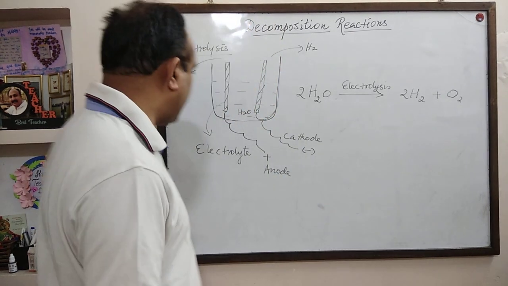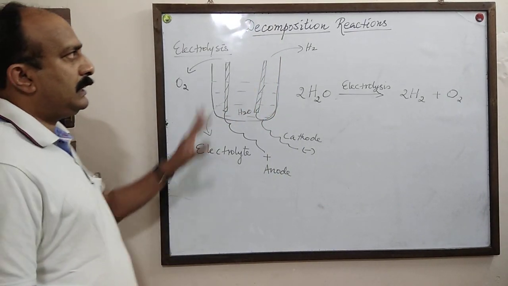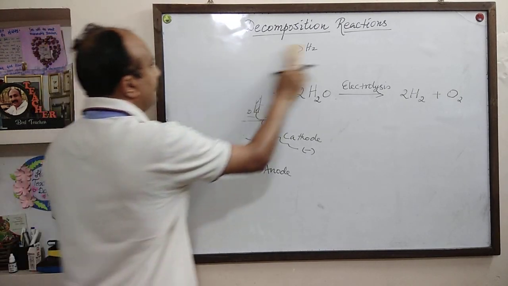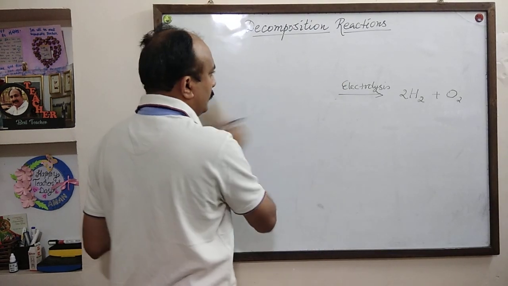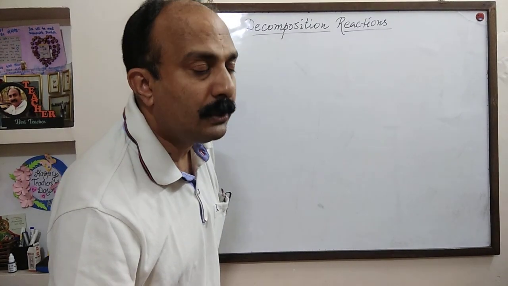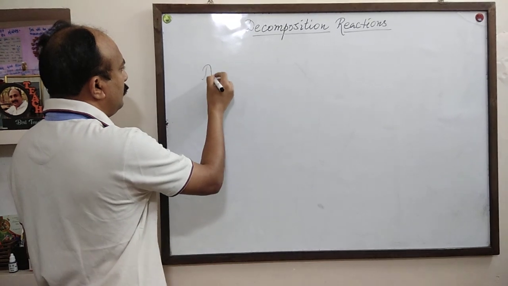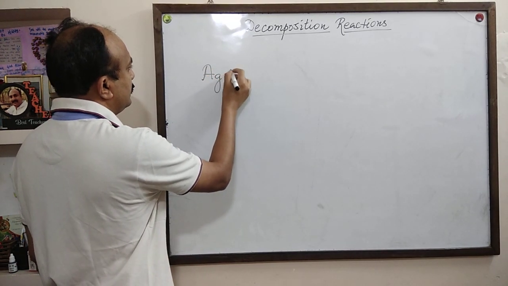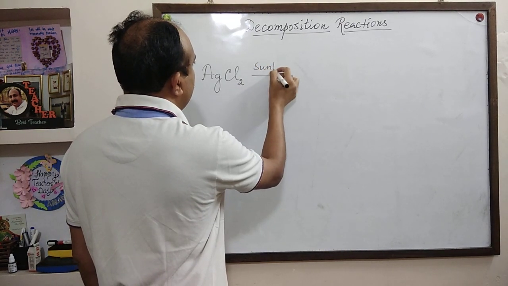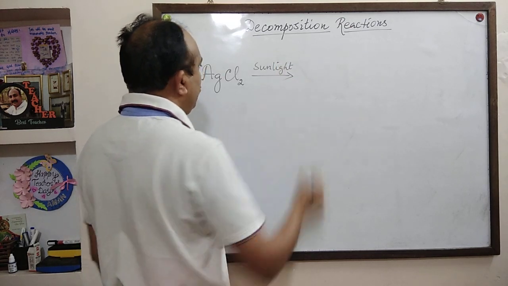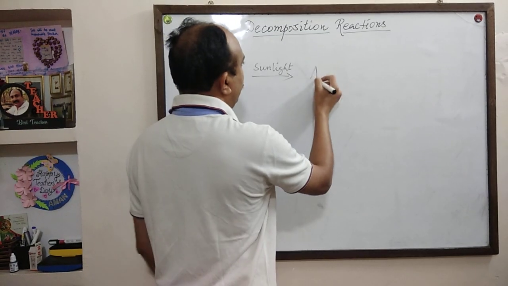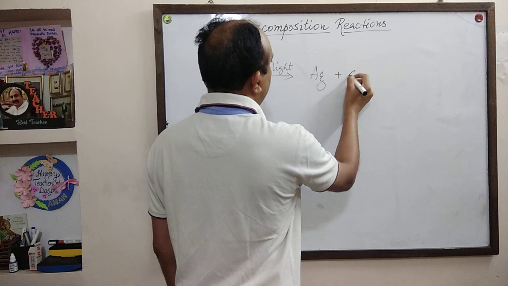Now there is a third type of decomposition reaction, that is the decomposition reaction caused by light. Decomposition caused by light or sunlight. See, almost all the silver compounds, for example silver chloride, when exposed to sunlight, means if silver chloride is kept in open sunlight, it will decompose to silver and chlorine, Ag plus Cl2.